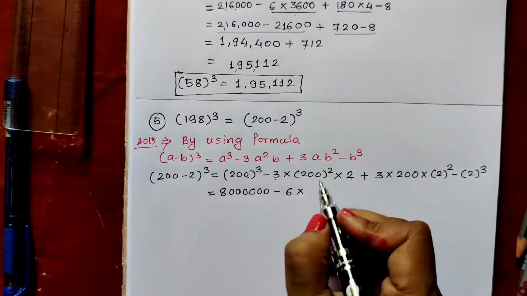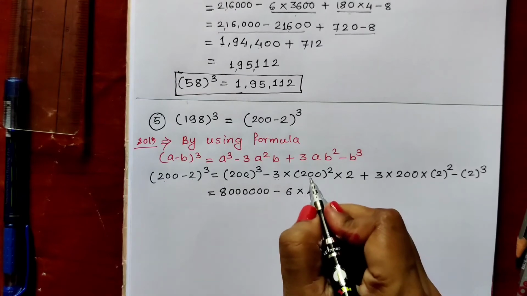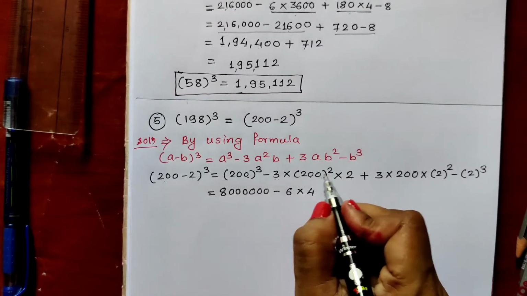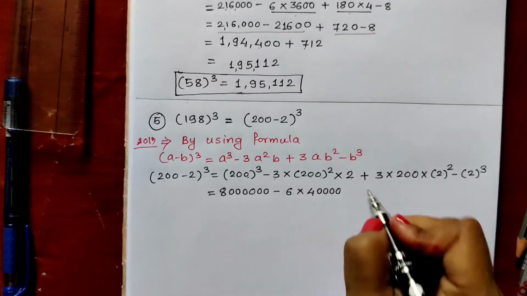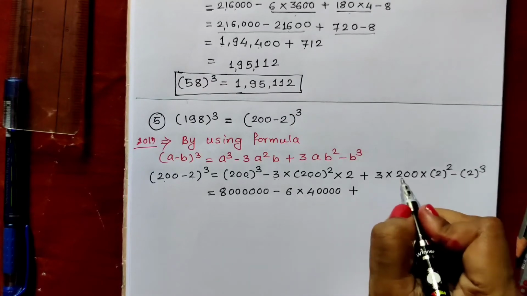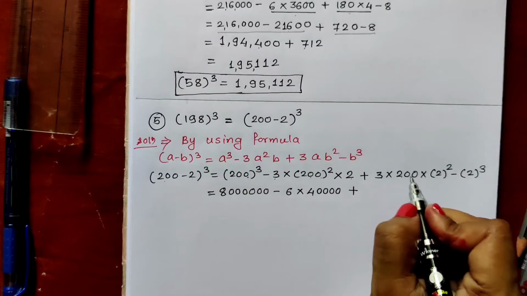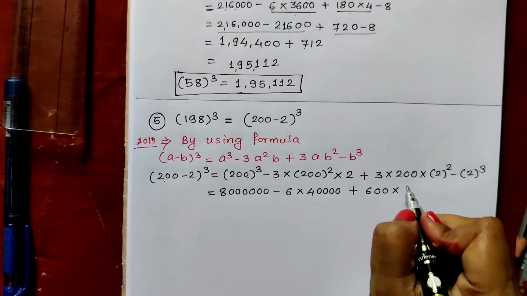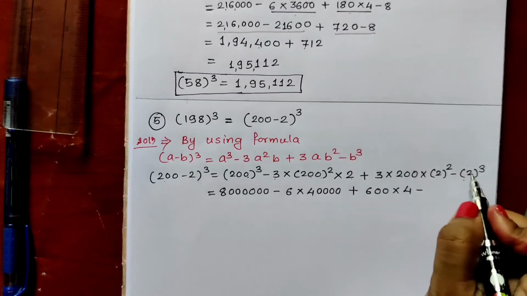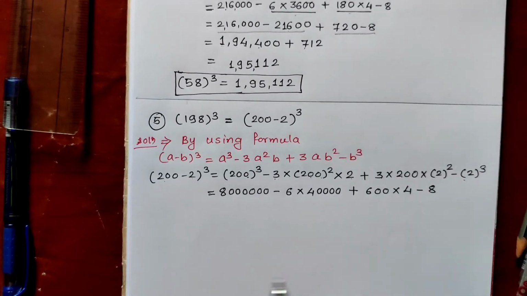So 2 square is 4 and 2 zeros are there and square is there. 2 2s are 4. We have to write 4 zeros. 1, 2, 3, 4 plus 3 2s are 300. 3 into 200 is 600. Multiply by 2 square is 4 minus 2 cube is 8. 2 into 2 into 2 is 8.